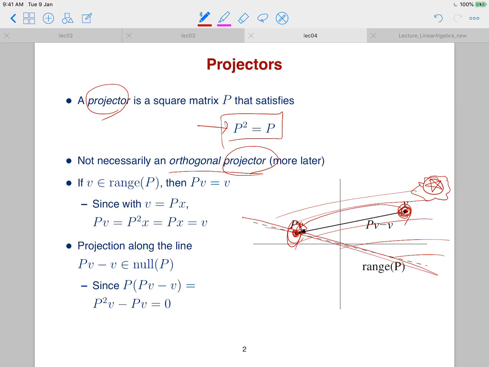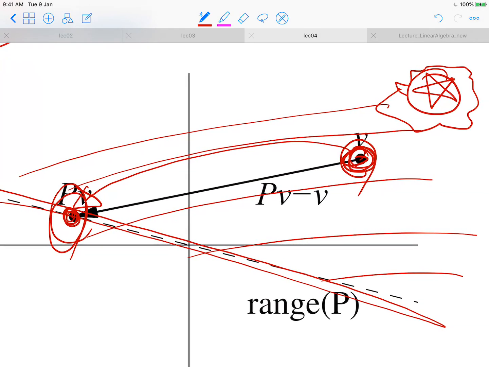Okay, so even in this case of non-orthogonal projection, the angle between this surface and this light direction is not a 90-degree angle, right? So this is an example of non-orthogonal projection.